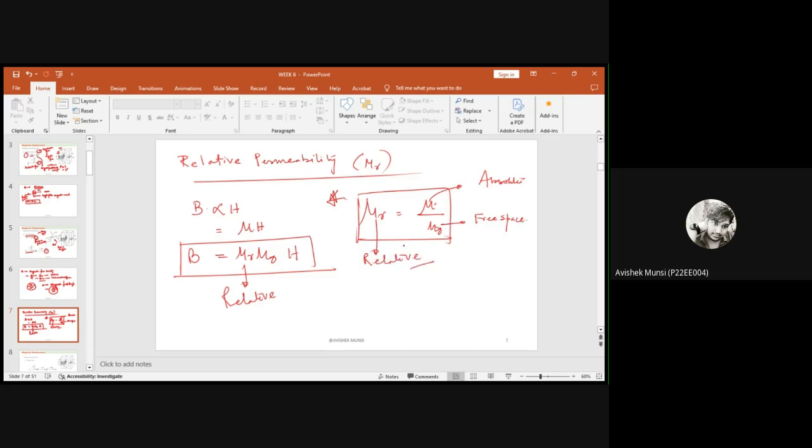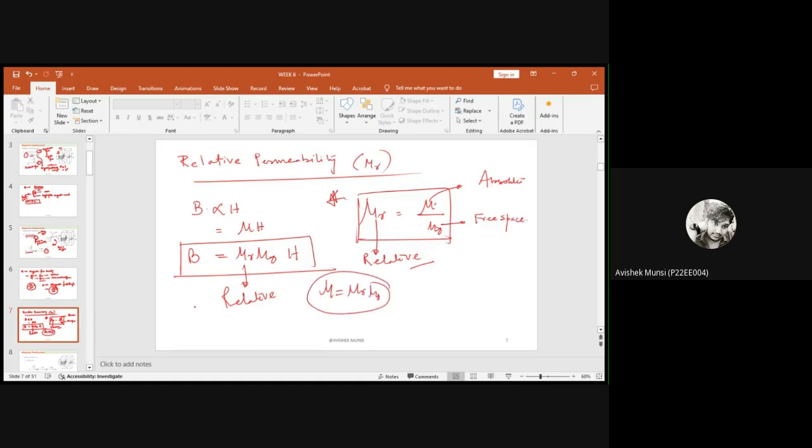I'm just revising the basics of the magnetic principles and circuit, and then we will move into the inductor. So this mu, which is basically mu r mu naught, is the absolute permeability.